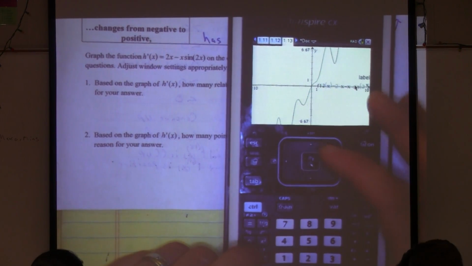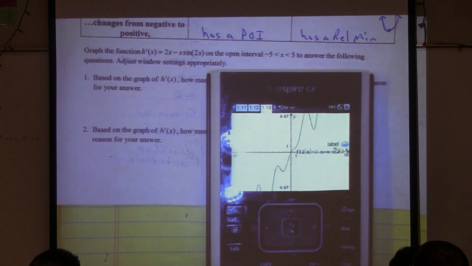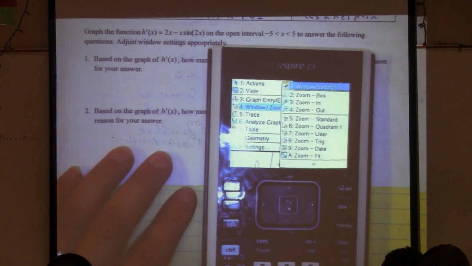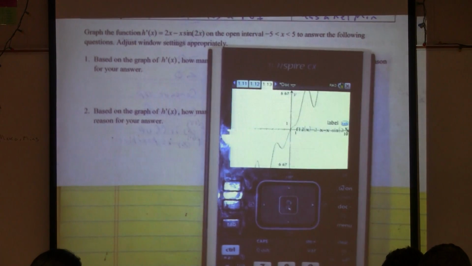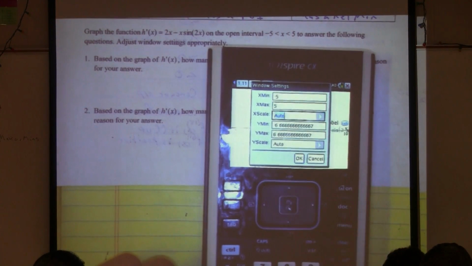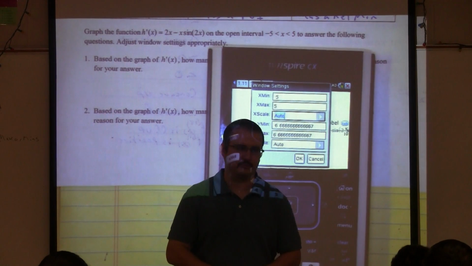Now it does say to adjust the window, right? It says to only draw it from where to where? -5 to 5. So how can I adjust my window? Menu, 4, 1, window settings, right? We want to go from -5 to what? 5. We're working with trig, so I don't want to go by ones for my scale. I want to go by some radian measure.